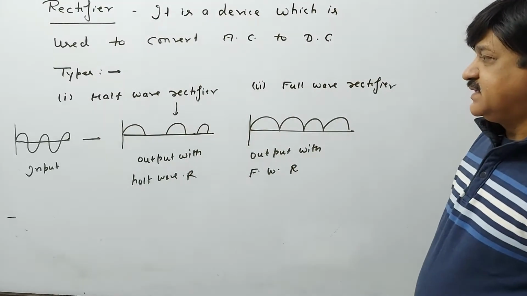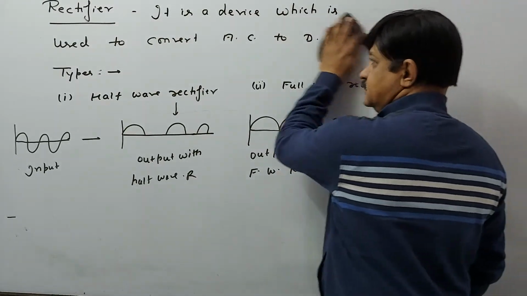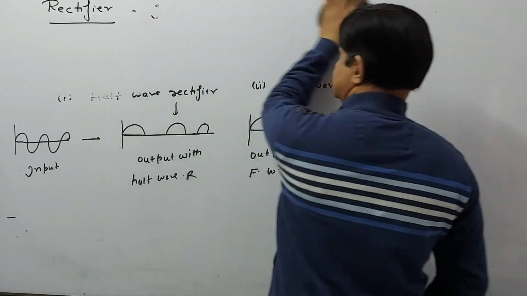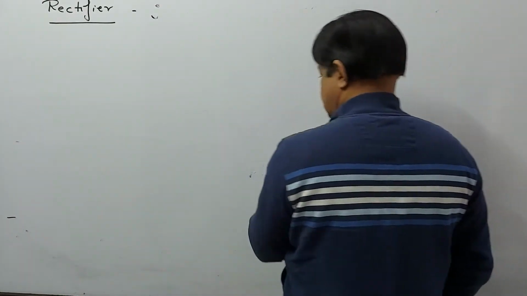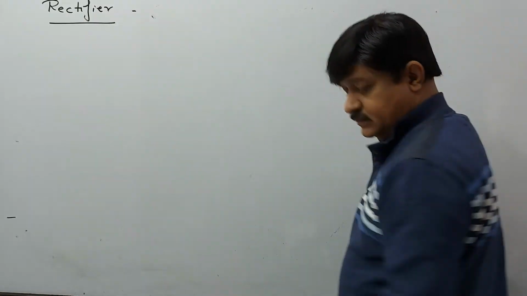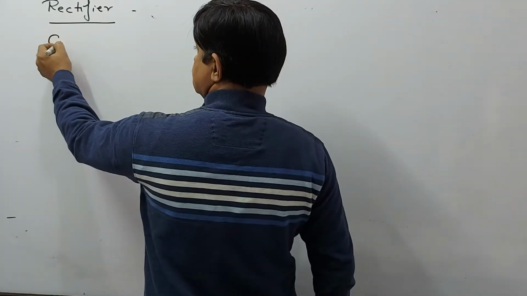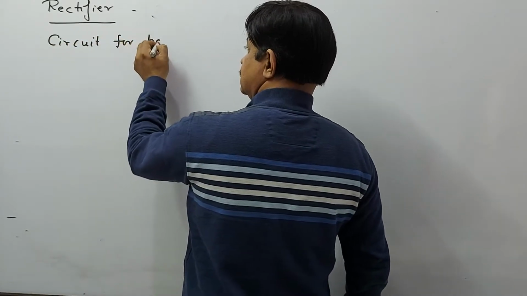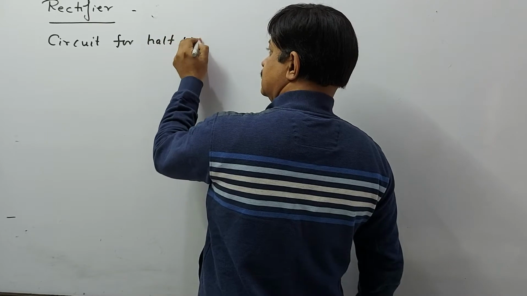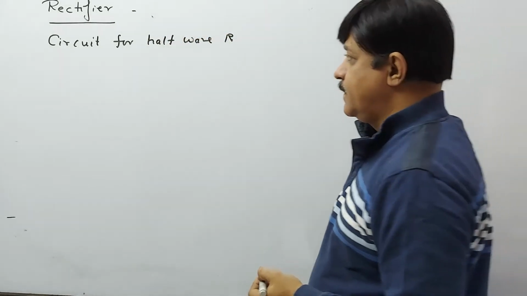The next one is the circuit diagram. Circuit for half wave rectifier.